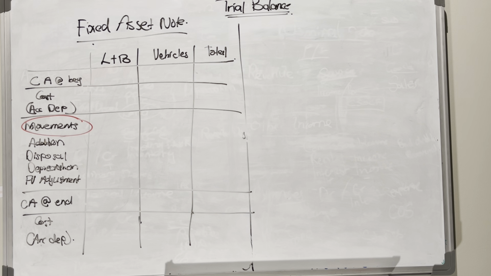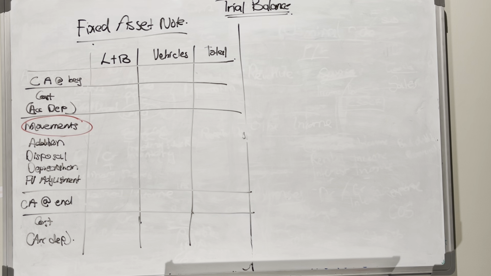Our movements are made by any additions, disposal, depreciation, and sometimes a fair value adjustment. And then that'll give us our carrying amount at end, which is made up of our cost less our accumulated depreciation. Now it is important to know how this table works and how the amounts affect each other.